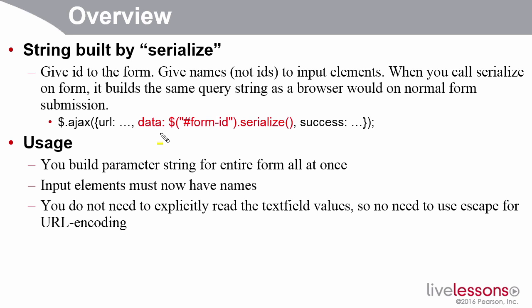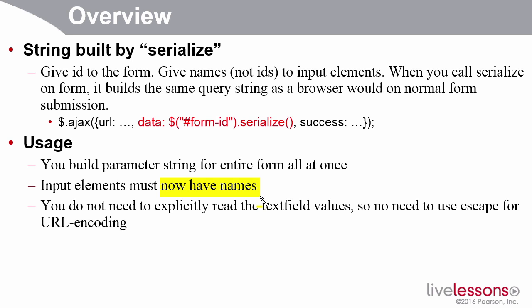Now, some people object to this a little bit, because if the input elements have to have names, that means the JavaScript code does not explicitly see what the request parameter names are. They come from the name of the text field, where before the JavaScript code explicitly put in the parameter names, not here.